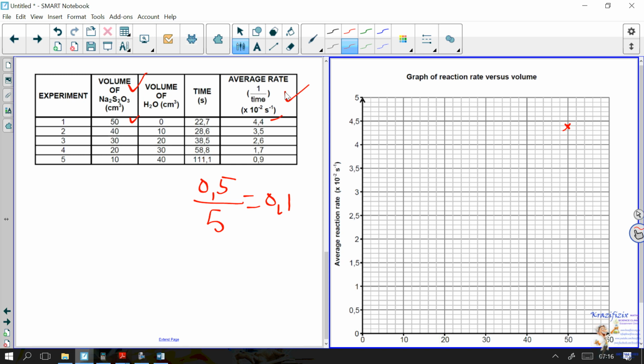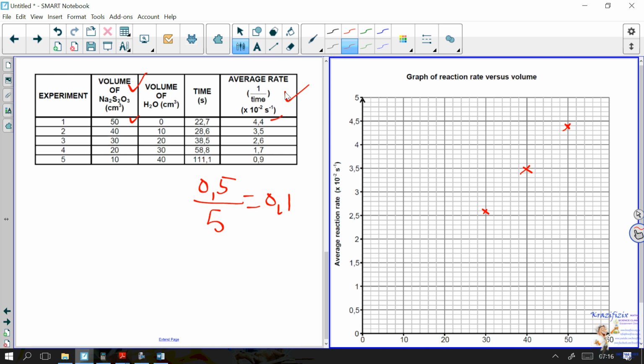All right. 3,5 on 40. Okay. I think that's quite easy. 2,6 on 30. So this is 2,5. Remember we said each box stands for 0,1, so it's 2,6 there. 1,7 for 20.